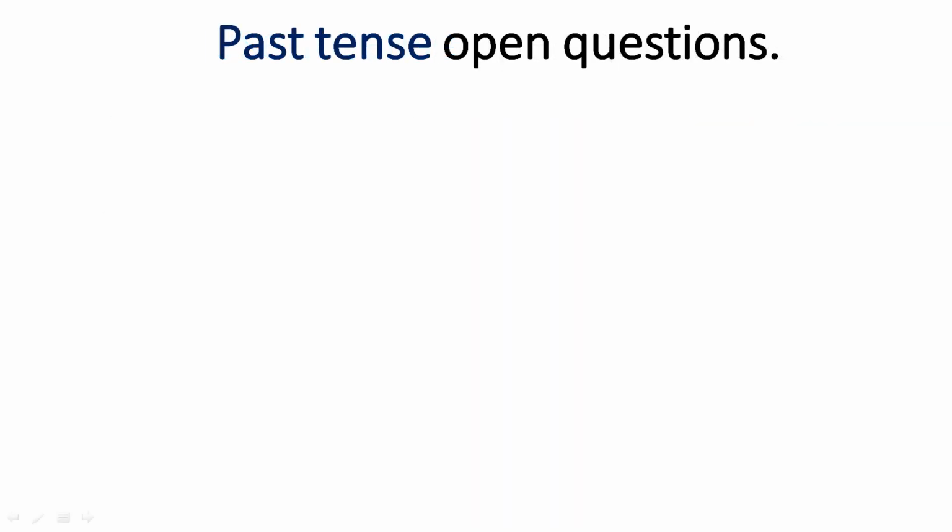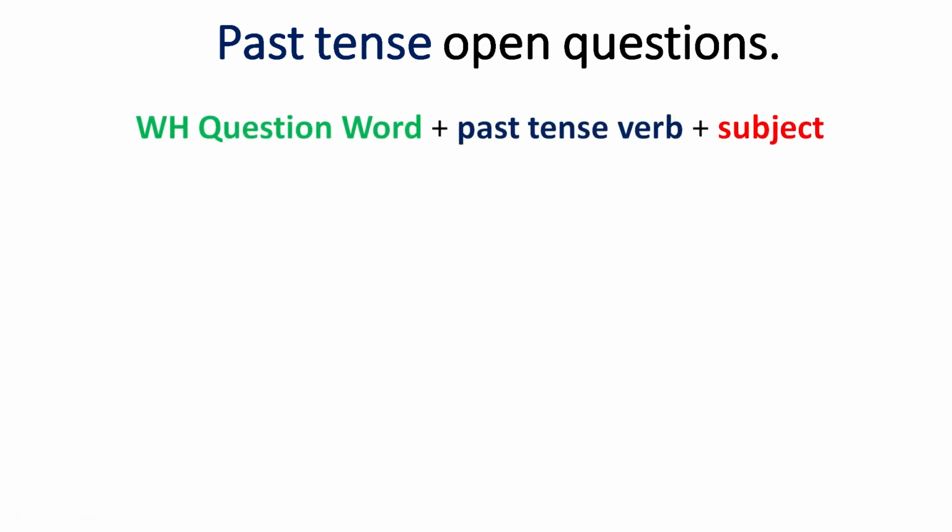So what about past tense open questions? This means open questions about yesterday, last week, or last year. They are similar to present tense open questions. Firstly, we need a WH question word.